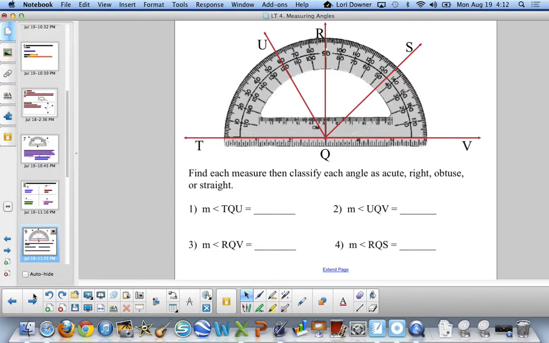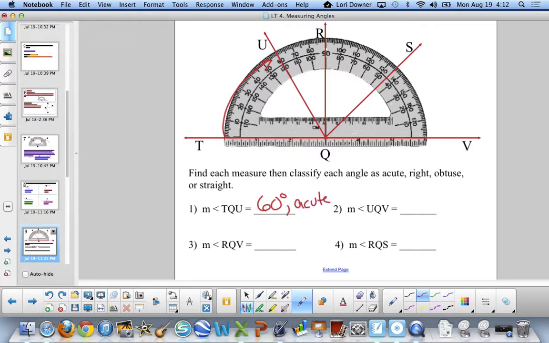Okay, so the measure of angle TQU. If we look at TQU, we should get 60 degrees. With the protractor, you can go this way and do 0, 10, so you're going to use the top numbers. This is also an acute angle.